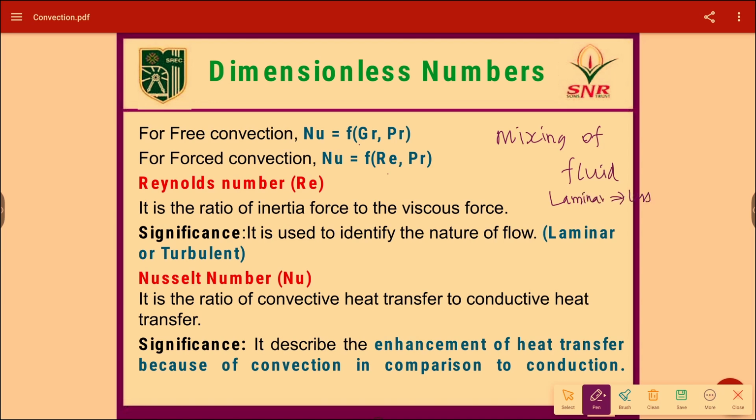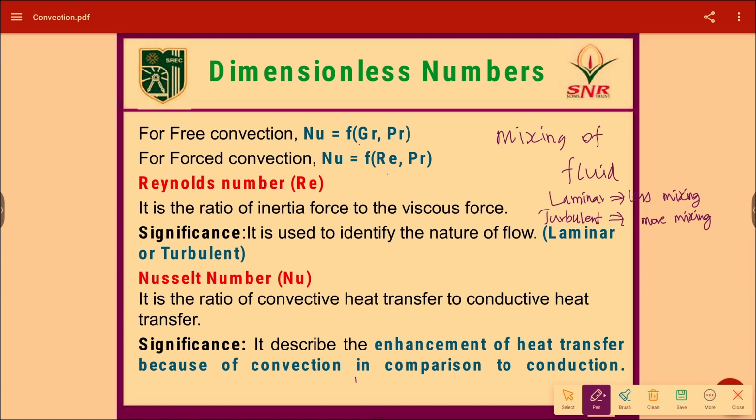On the other hand, if we take turbulent, there will be more amount of mixing. So as long as the mixing of fluid is more, the heat transfer rate also will be more. So this Reynolds number only decides whether the flow is laminar or turbulent.